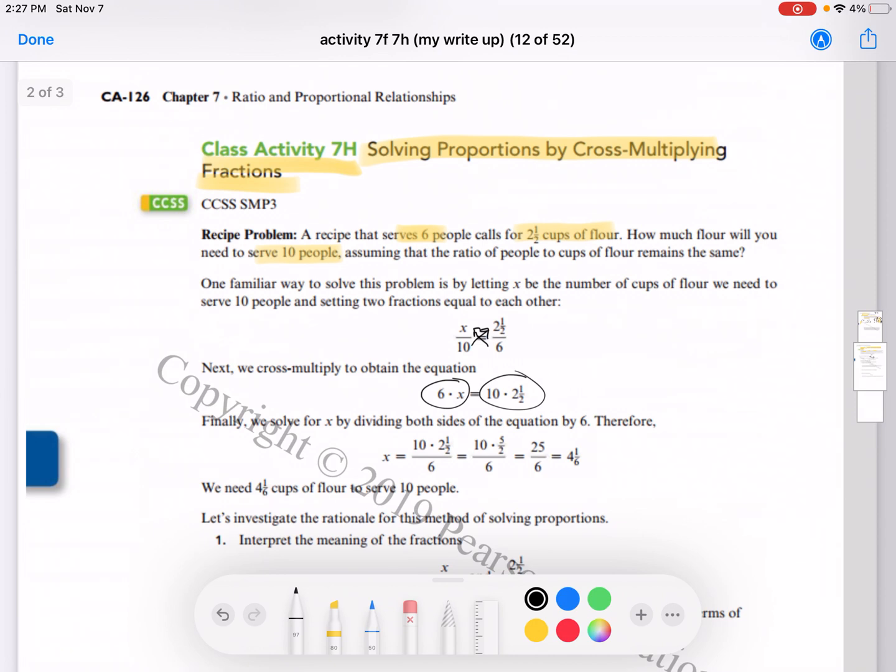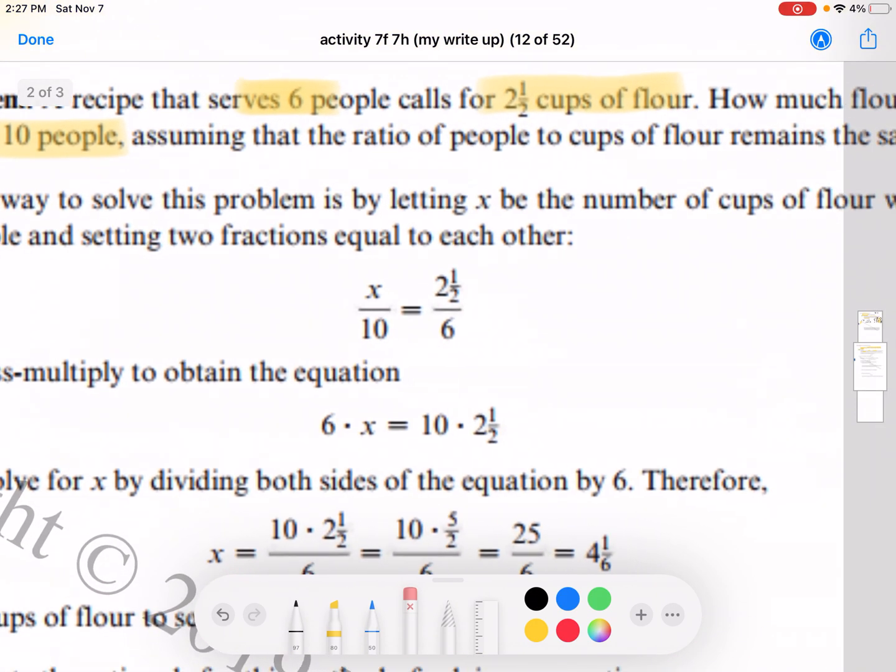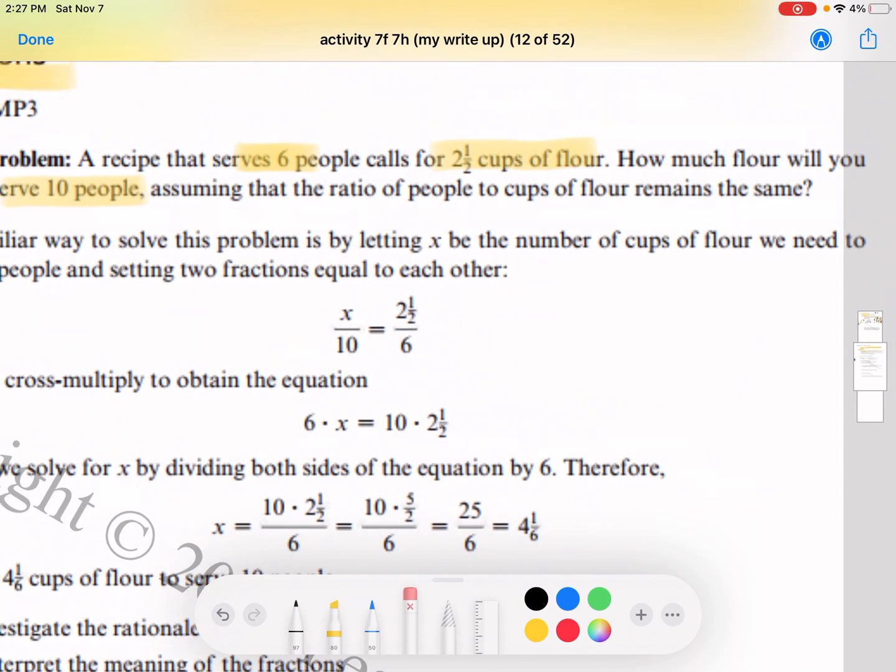But there are a few algebraic steps in there that give insight into this process, and that is whenever you have an equation, you can do the same thing to both sides of the equation. So given this initial equation, I can multiply both sides by 10. When I do that, the 10s on the left side are going to cross off, which means I now have x equals 2 1/2 over 6 times 10.